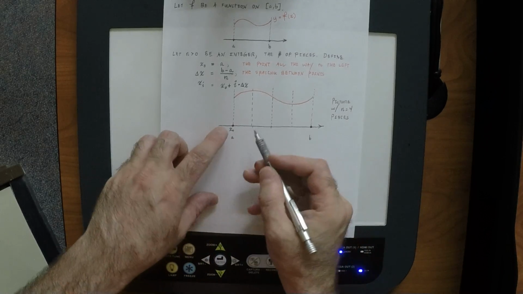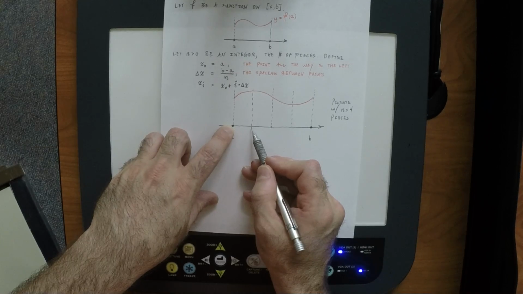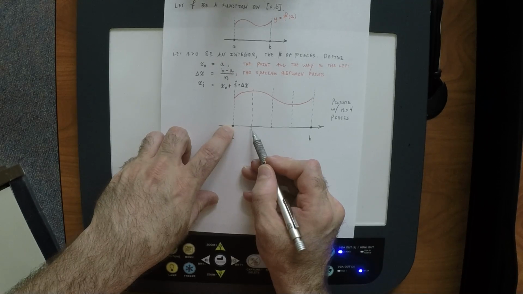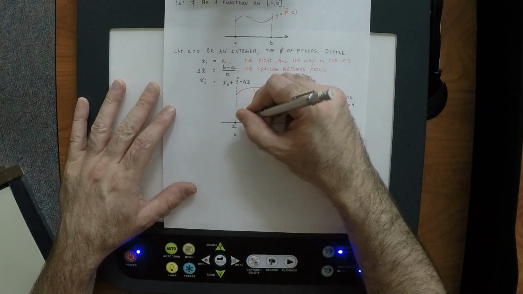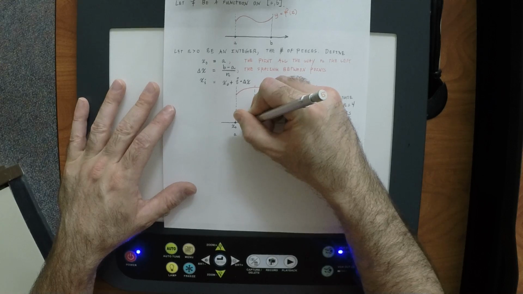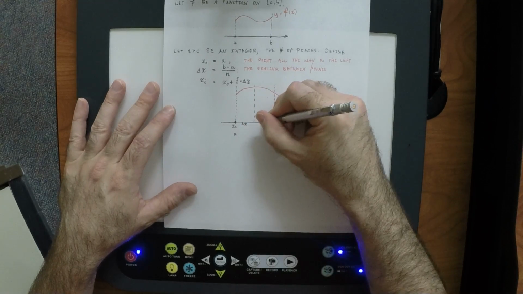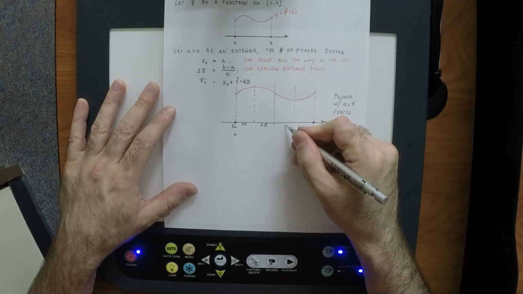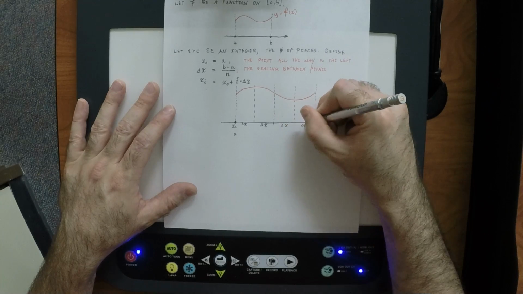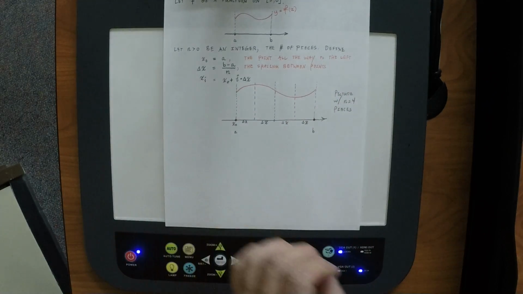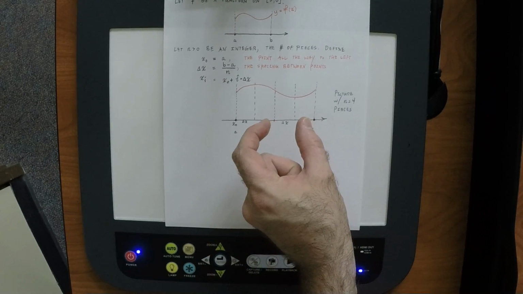So what is this distance right here? We've got a name for that. Delta x, right? So that distance there is delta x. What about that distance? Delta x. And that one? Delta x, okay, good. And this one's delta x too. So the base of all of those little widths there are delta x.